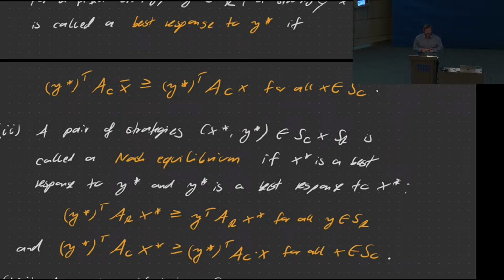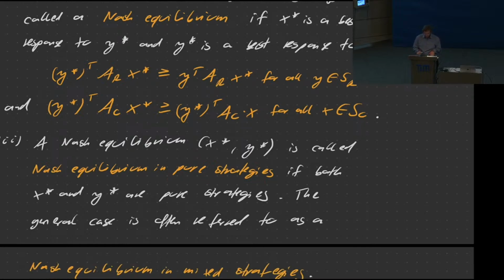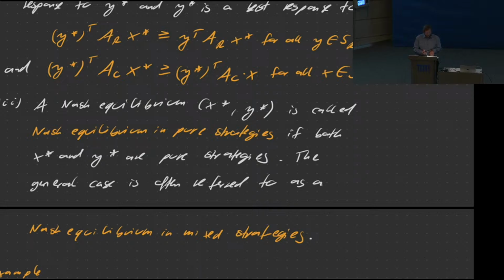It will not gain anything because that is already a best response to what the other player does. Right? Formally, of course, you can again write this down as inequalities here. And then a special case of that is the Nash equilibrium in pure strategies. Well, that simply means you have an equilibrium where both X star and Y star are pure strategies, so just 0, 1 vectors.